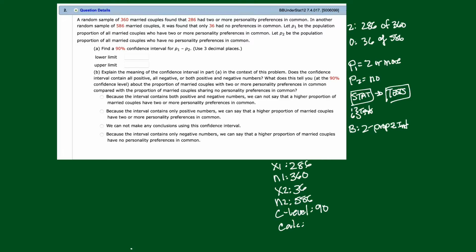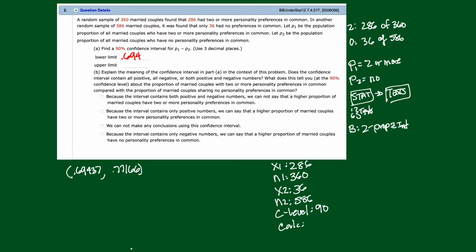And I got this interval: 0.69437 up to 0.77166. What about our rounding? It says use 3 decimal places. So the lower limit is 0.694, about 69.4%.